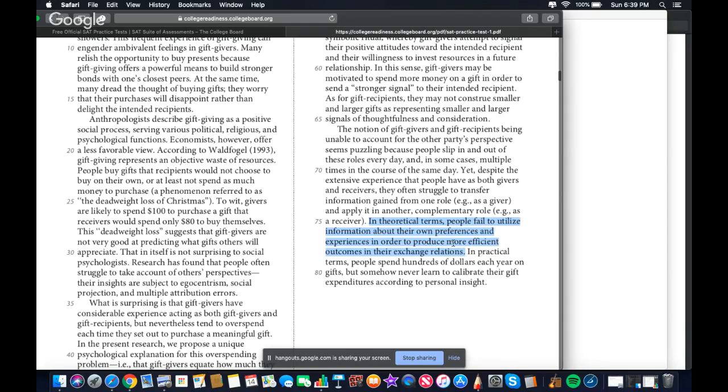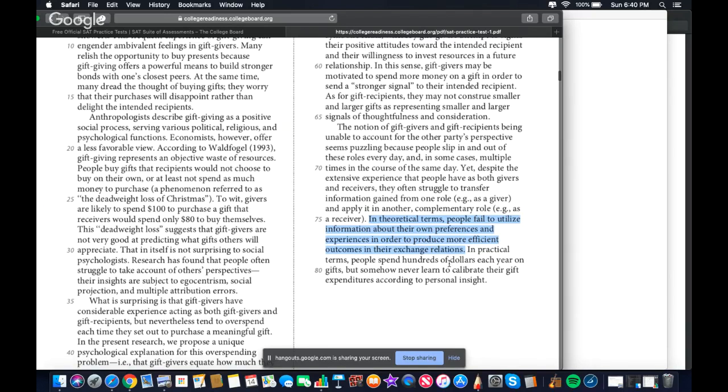We'll see an example of a hard one in which this technical-sounding thing is right. But notice this doesn't directly talk about the assumption that bigger is better. This says people fail to utilize information when they're buying gifts. It doesn't say that assumption. I mean, it sort of indirectly says that the assumption must be wrong, but we want evidence to be absolutely direct.